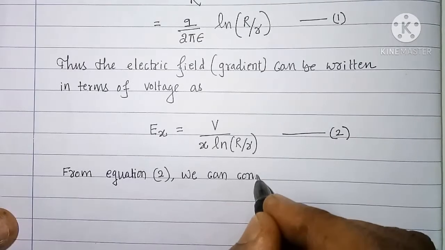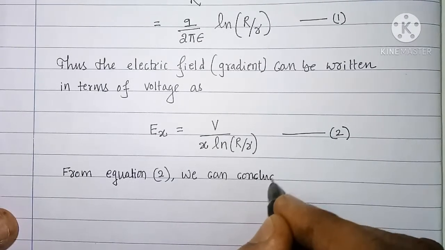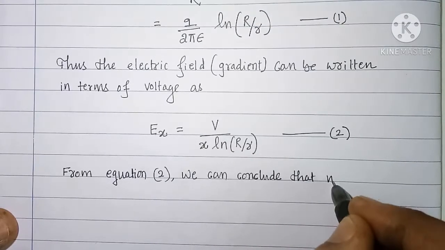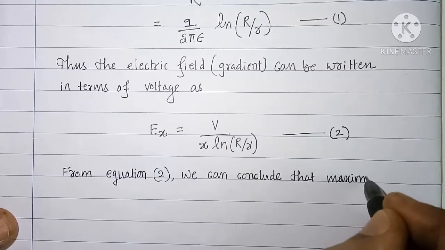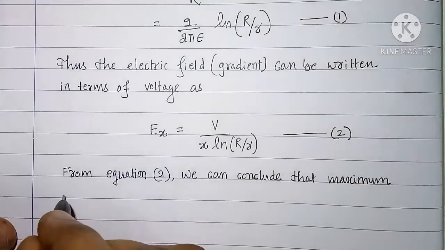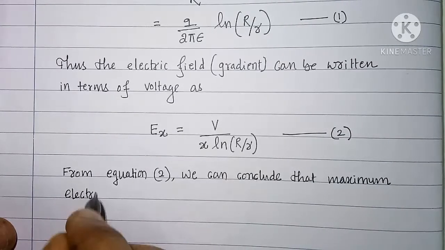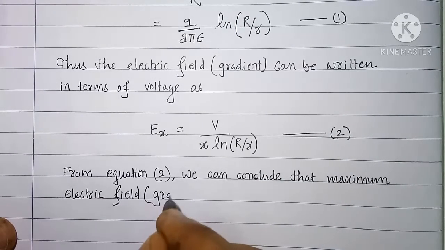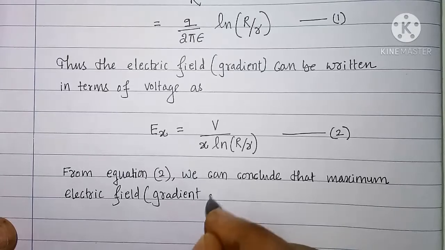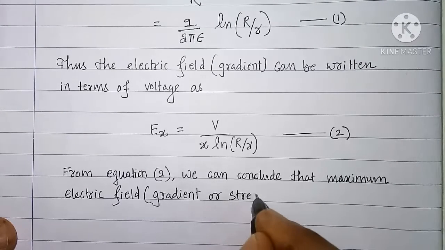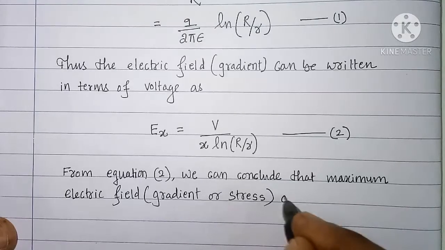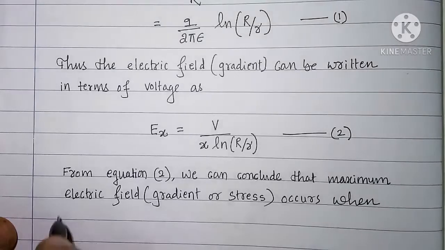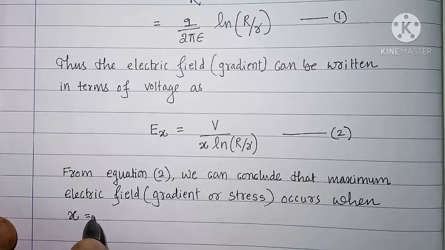From equation 2, we can conclude that maximum electric field or gradient or stress occurs when x is equal to small r.